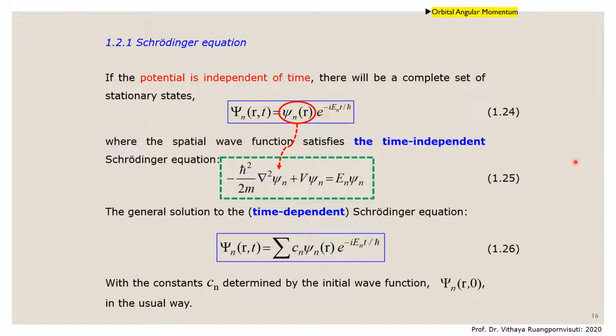The constant c n can be obtained from the initial wave function, for which we can use the symbol psi in r, 0.